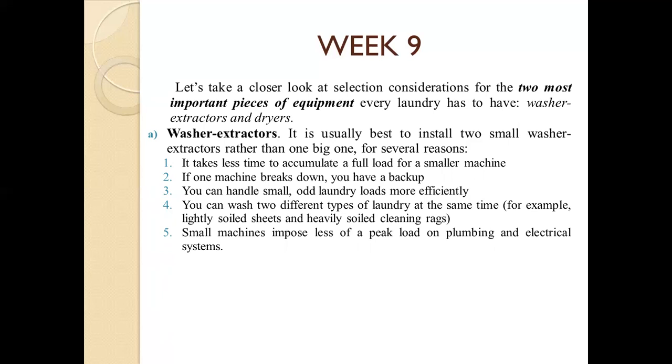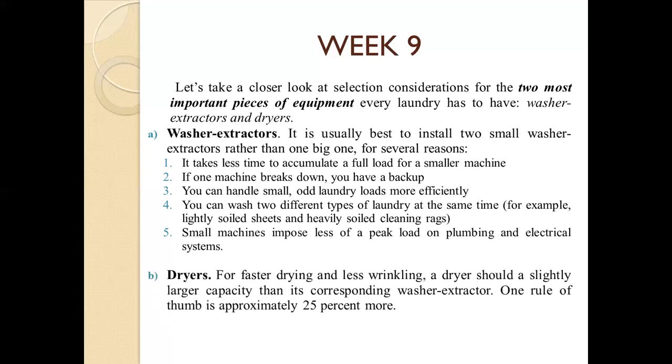Another reason is you can wash two different types of laundry at the same time. And small machines impose less of a peak load on plumbing and electrical systems. These are several reasons to consider when installing a washer extractor.